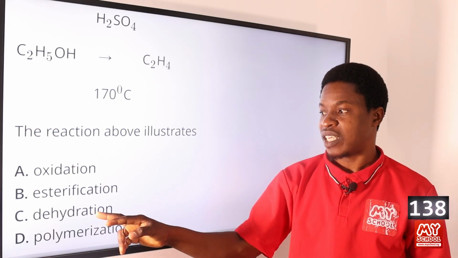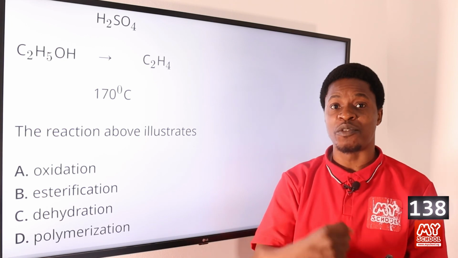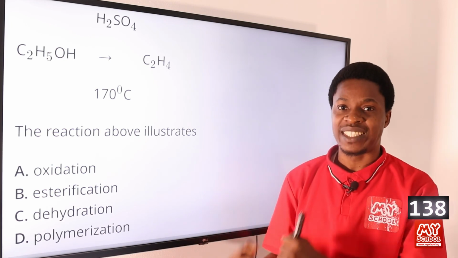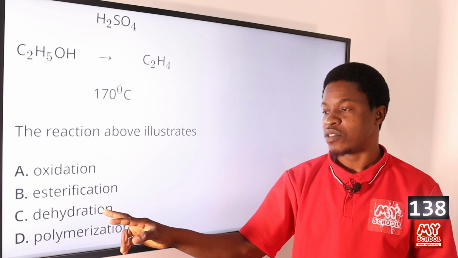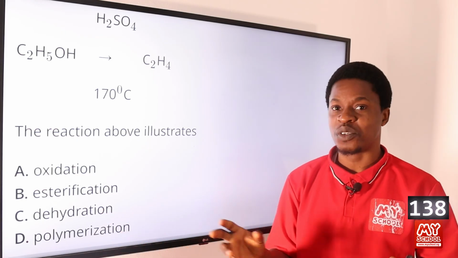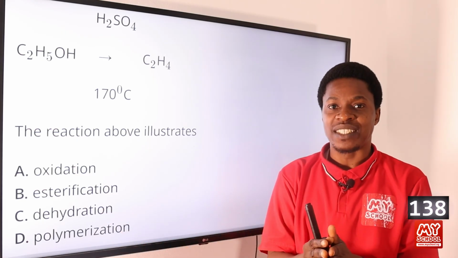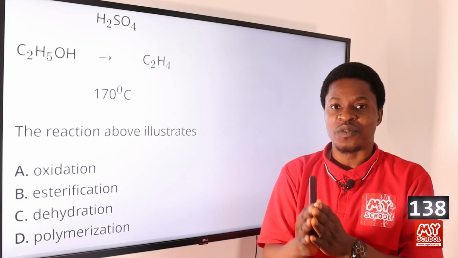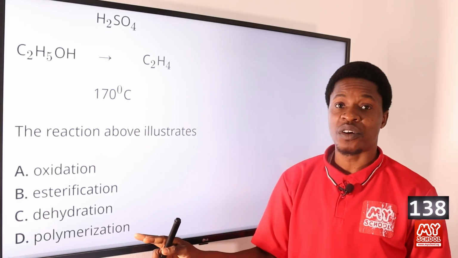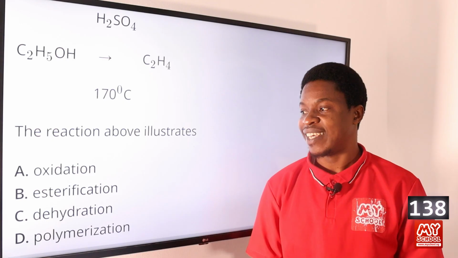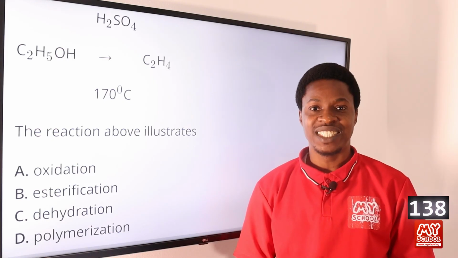Option C says dehydration, because yes, a water molecule was removed from the ethanol to form ethene or ethylene. So we say option C is correct. Option D says polymerization. We don't have two or more monomers, smaller molecules combining to form a larger one. So option D is also not correct. So the correct answer here is option C, dehydration.